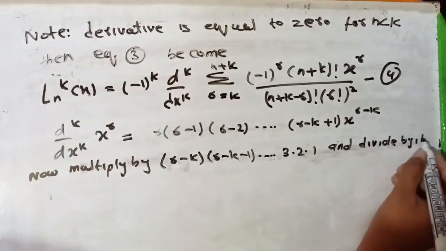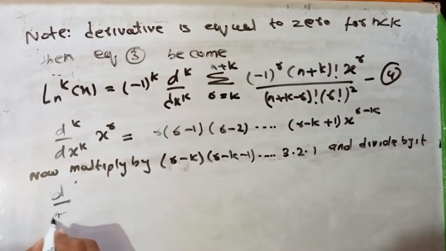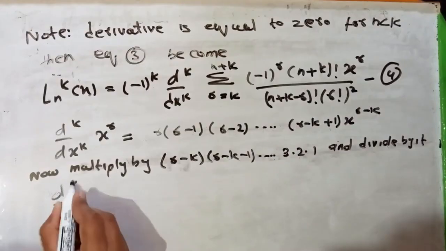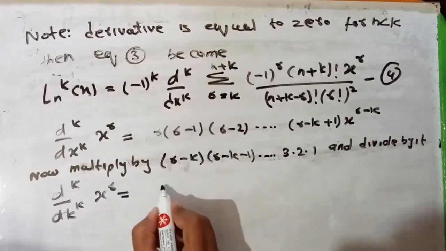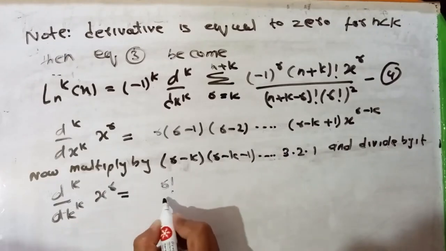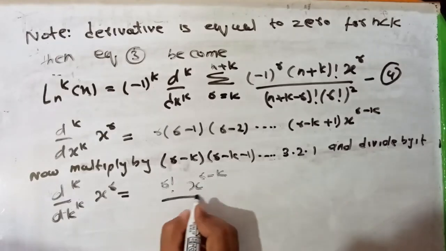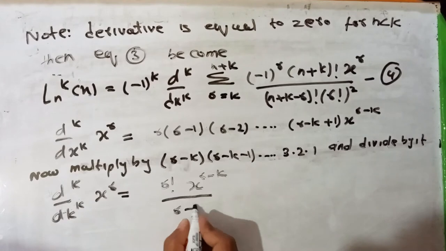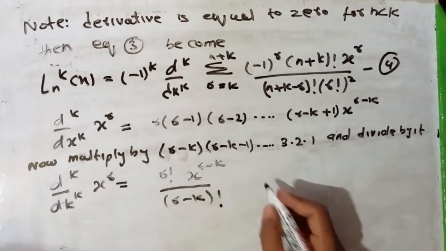So the kth derivative of x^r with respect to x becomes r! x^(r-k) over (r-k)!.